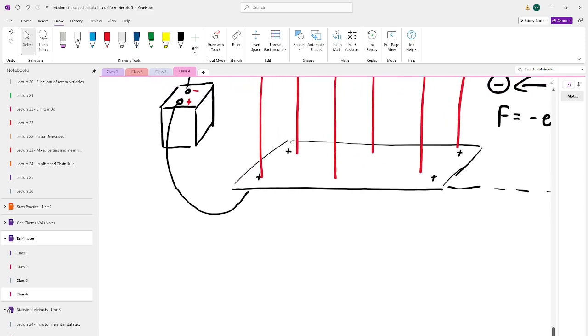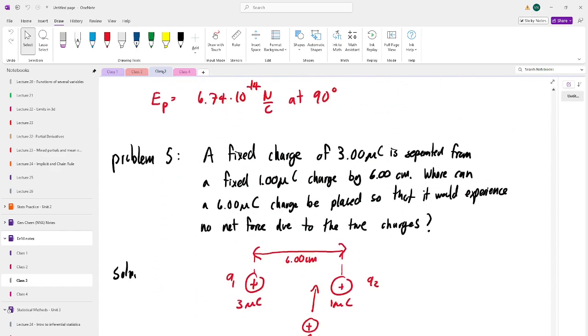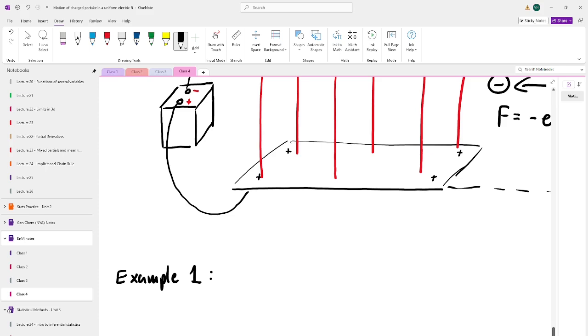So, let's do an example. So let's call this example 1. Let me just check how I denoted examples. Okay, like that. Got it. So, example 1.